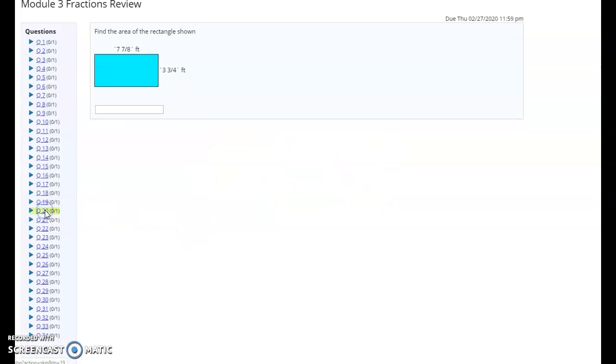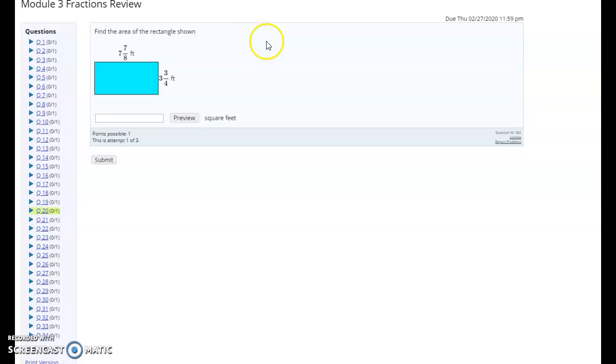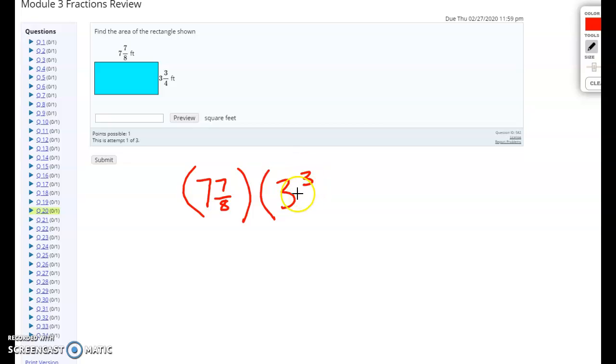All right, let's see. Find the area. In this problem, I'm going to have 7 and 7/8 times 3 and 3/4, and I'm not going to go through this whole problem, I'm just going to help set it up. If you remember, when we're multiplying fractions, we cannot multiply when they're in mixed numbers. So we're going to have to change these both to improper fractions.